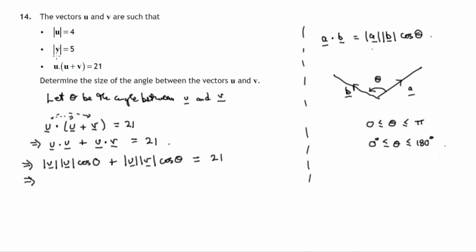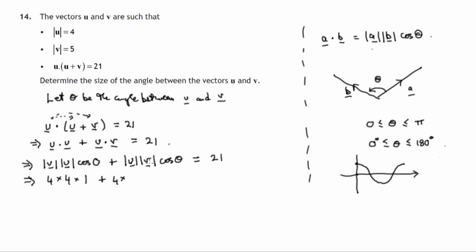Now, we are told the magnitude of u is 4. We know the cosine of 0. Recall the cosine values form the familiar cosine graph. Cosine of 0 is 1. Magnitude of u is 4.